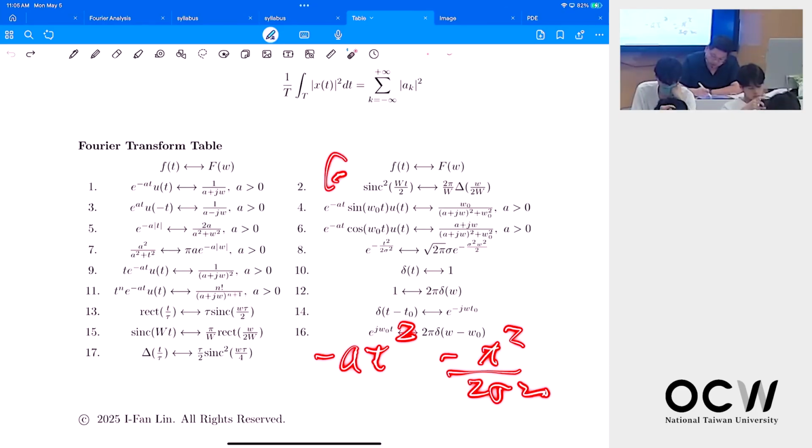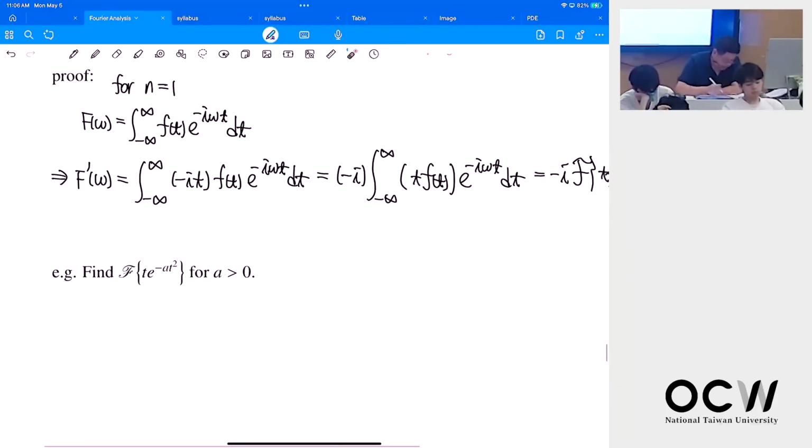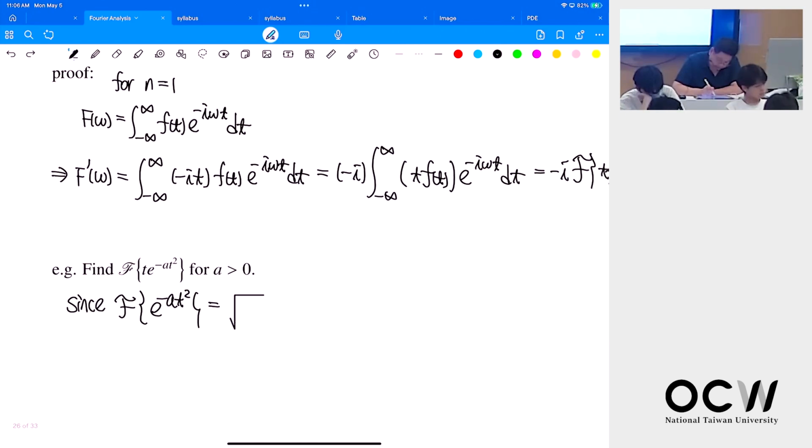So your a should be 1 over 2 sigma squared. We know the Fourier transform of e to the minus a t squared is the square root of pi over a times e to the minus omega squared divided by 4a.